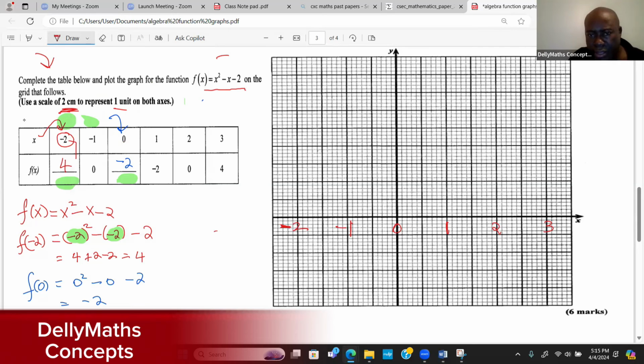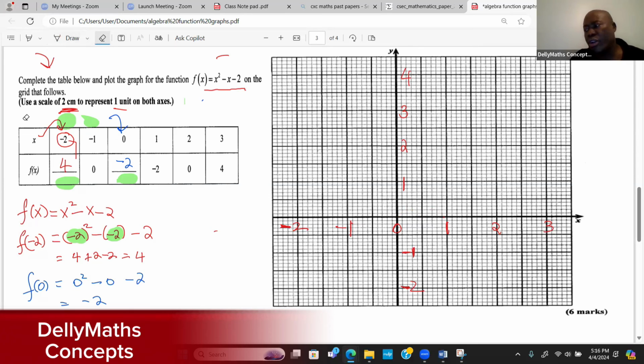Going up, this is 1, then 2, then 3, then 4. Then underneath that, we have -1 here and -2 there. So remember, the scale says 2 centimeters to represent 1 unit on both axes. Be advised that each of these is a centimeter apart. So after every 2 centimeters, we're counting by 1.